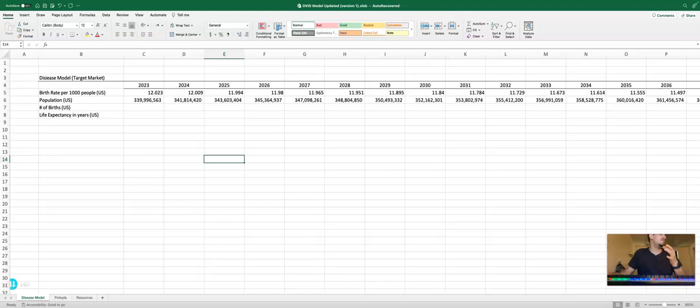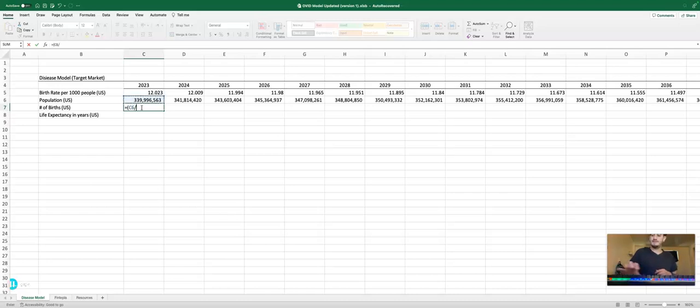Okay, the number of births in the United States. And you can actually calculate this. So how do I calculate the number of births in the US? This is going to be equal, because it's per 1,000, to the total population, and then you divide it by 1,000 people, right?